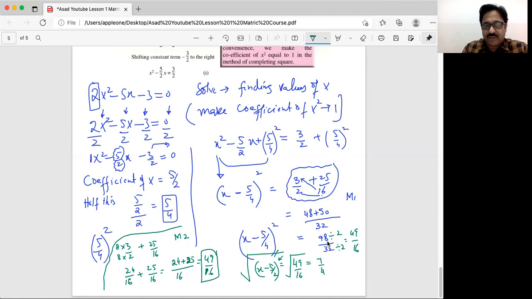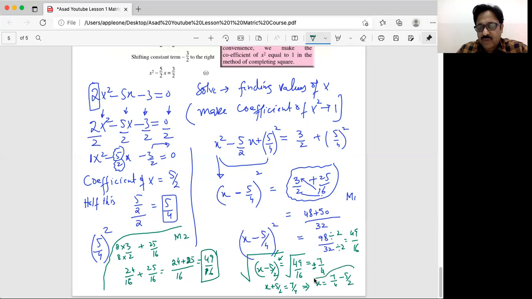I don't have space here, so I'm writing here with small, x plus 5/2, but this is plus minus 7/4. So I will write here first 7/4, and this becomes x is equal to 7/4 minus 5/2.